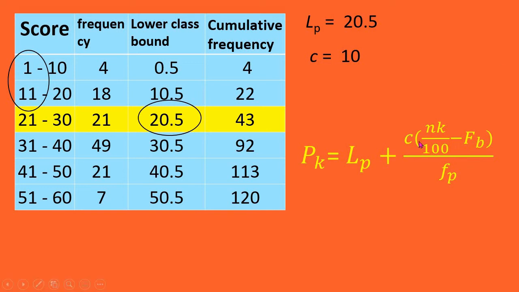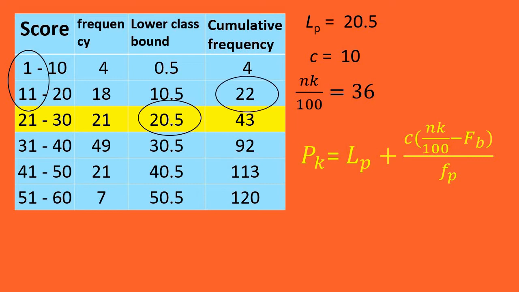Next is nk over 100. We computed it a while ago, and that is equal to 36. The next symbol, F sub B, is our less than cumulative frequency. But where can we find that? If we have 43 as the cumulative frequency of the 30th percentile class, that is not the value for F sub B. We are going to get the value before 43.